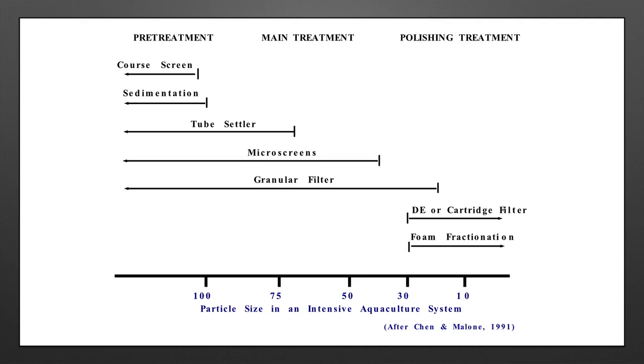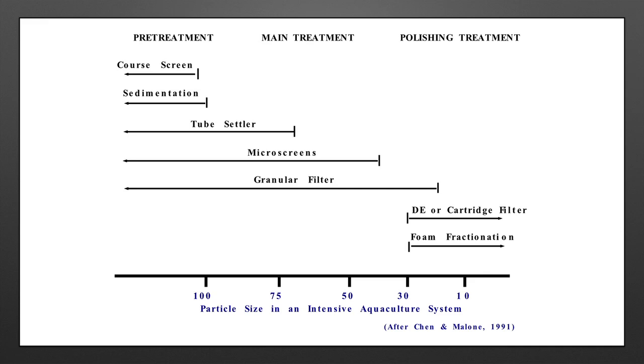This gives you an example of different components based on the clarity of the water, based on whether or not we're going to manage our system as an oligotrophic system all the way to eutrophic. And it's based on particle size removal. So just a coarse screen or relatively crude, rudimentary filters will remove particle sizes down to 100 microns.